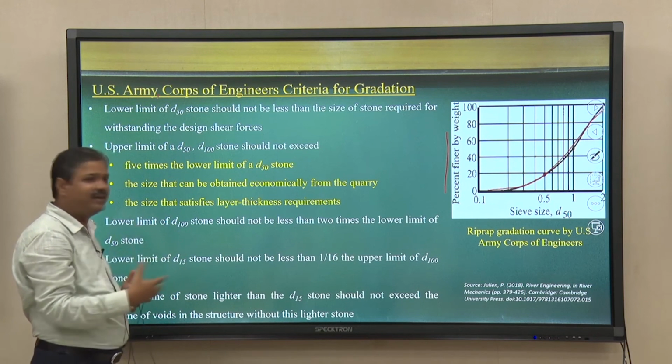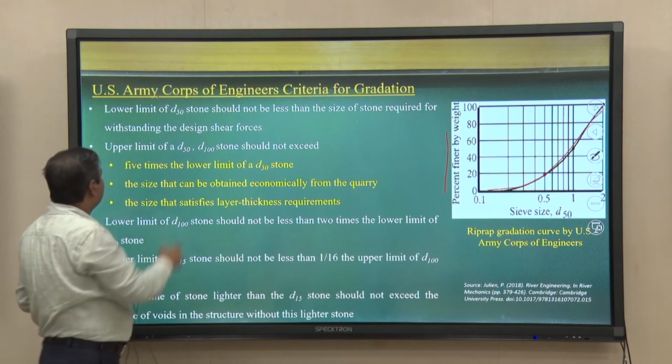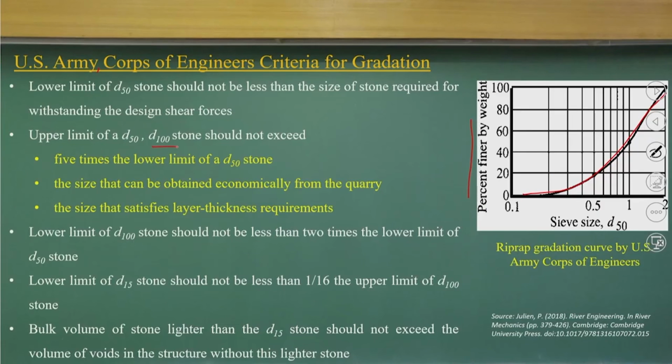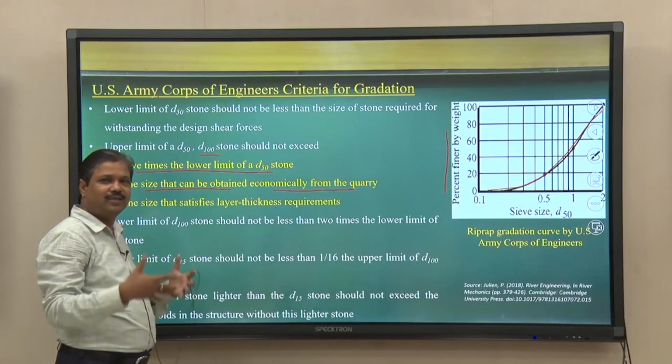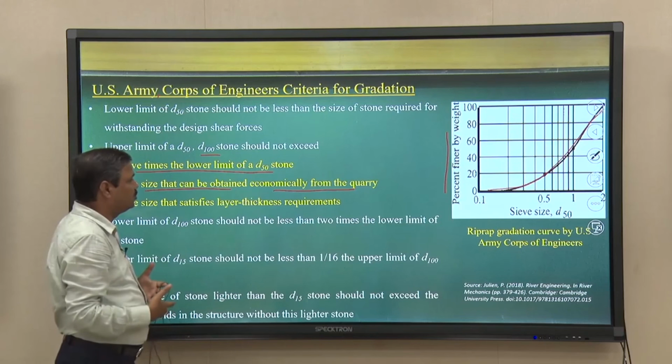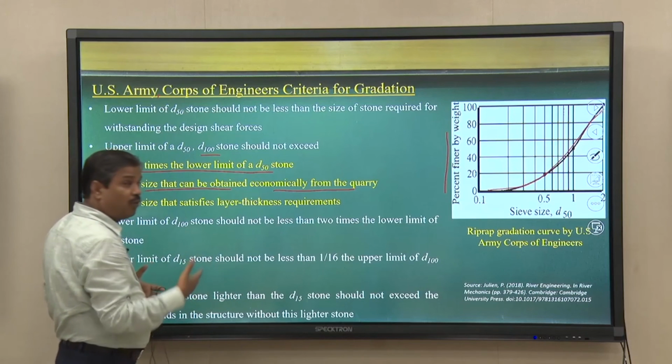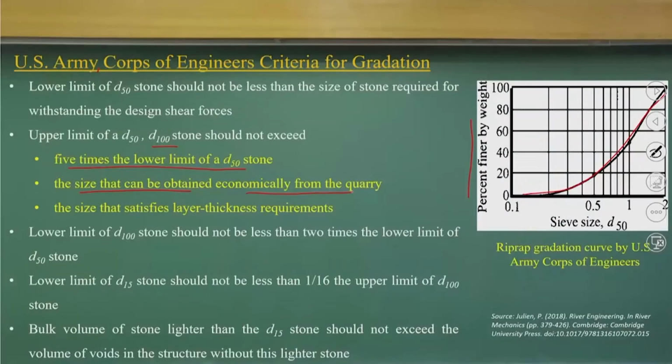These are all their field experiments. They say the upper D100 should not exceed 5 times the lower limit of D50, a size that can be obtained economically from the quarries, because stones of different sizes cannot be obtained. These are all natural stones. So, we should target bringing the stones from a nearby natural quarry, with a size that satisfies the layer thickness requirements.